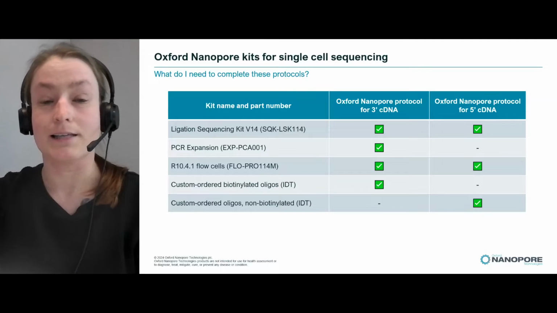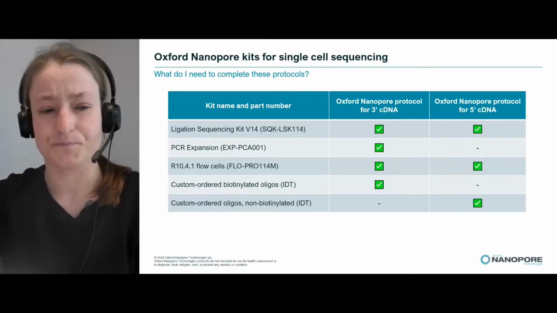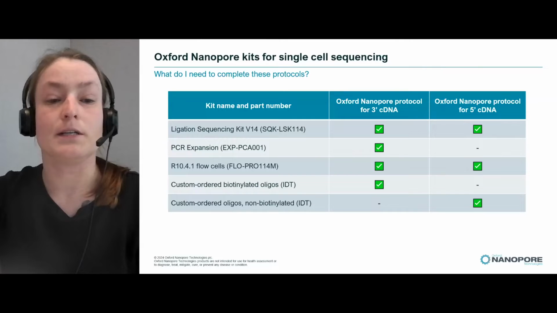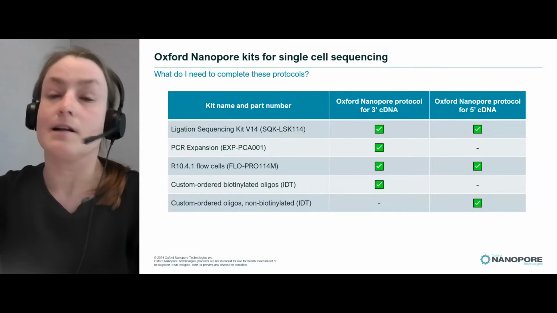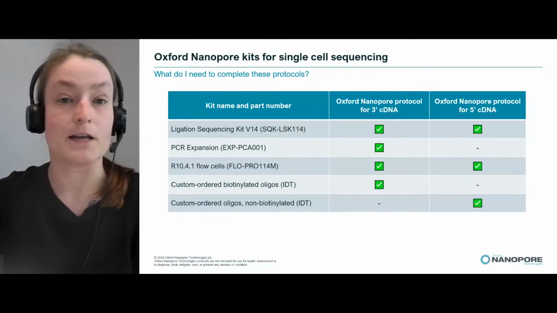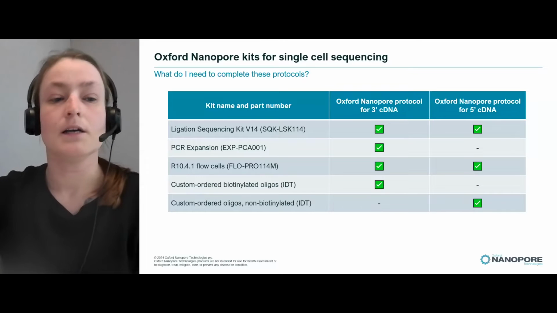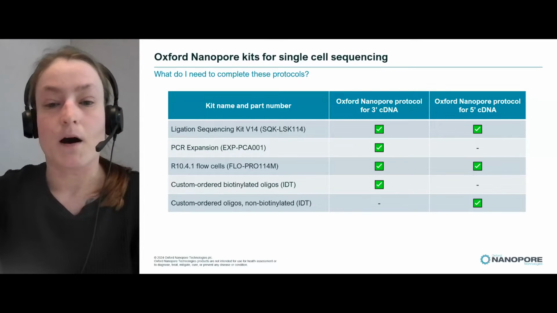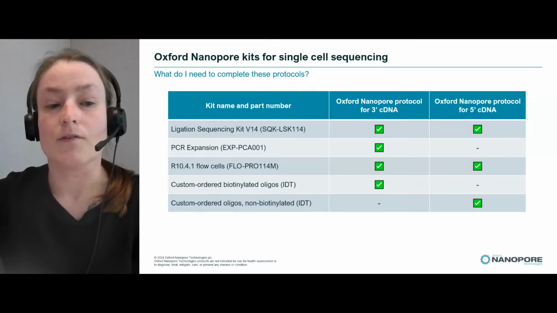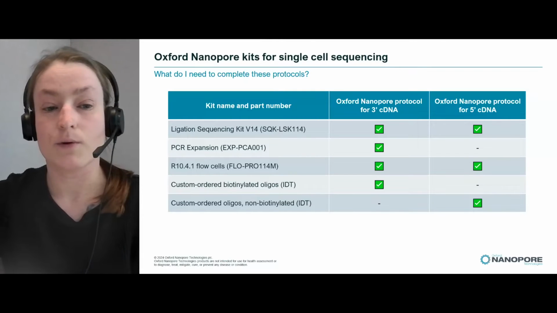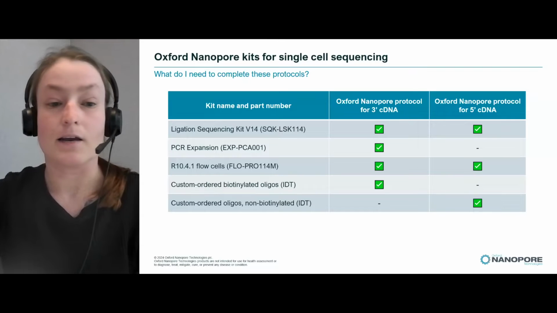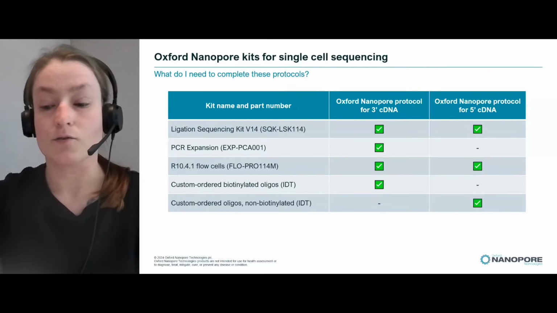This is for that second PCR that I mentioned. And for both, you would need PromethION R10 flow cells, as many as you would need for your experiment. The other part to this is a set of custom ordered oligos, whether that's biotinylated or non-biotinylated, depending on the prep that you are going to run.